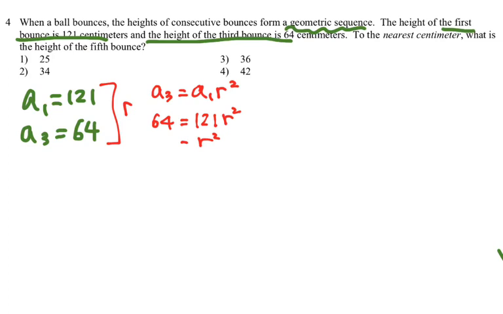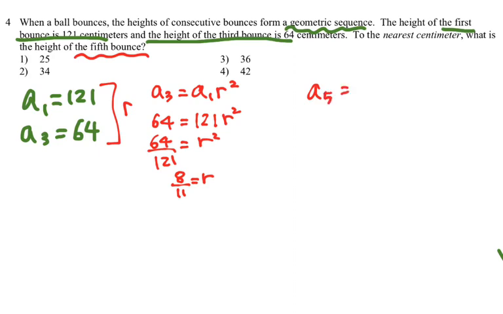So when you divide by 121, we get to realize that r squared must be equal to 64 over 121. Then when you take the square root on both sides, r would have been equal to 8 over 11. Technically, r could have been positive or negative, but in this case, we're going to be rejecting the negative because the bounce would have never been negative in this setup.